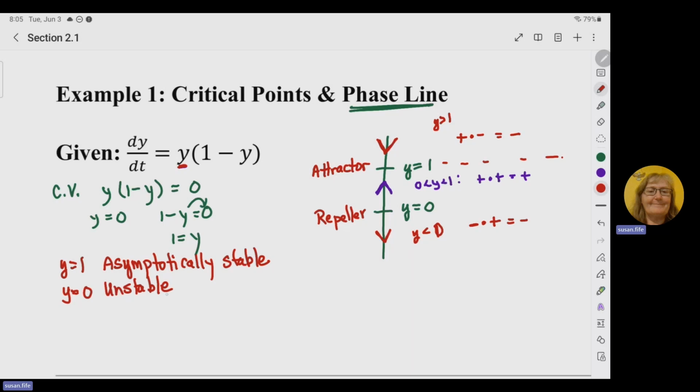And you have a semi-stable graph when the graph doesn't change signs. The slope is positive below and positive above the critical value. So this is what the phase line, or the phase portrait, looks like. Here are the labels for the critical values and the stability of the graph.